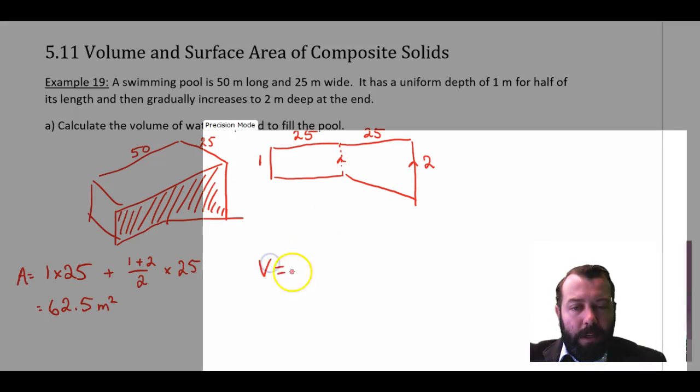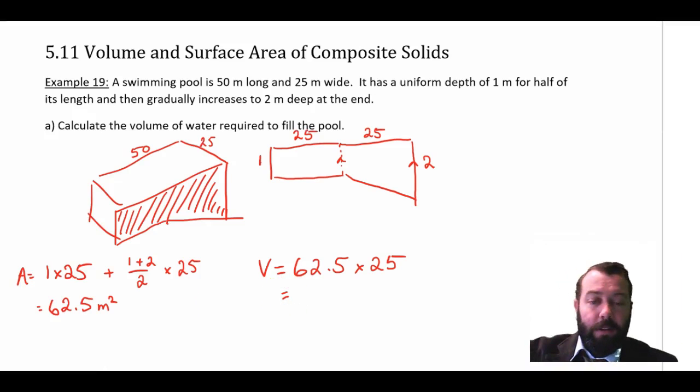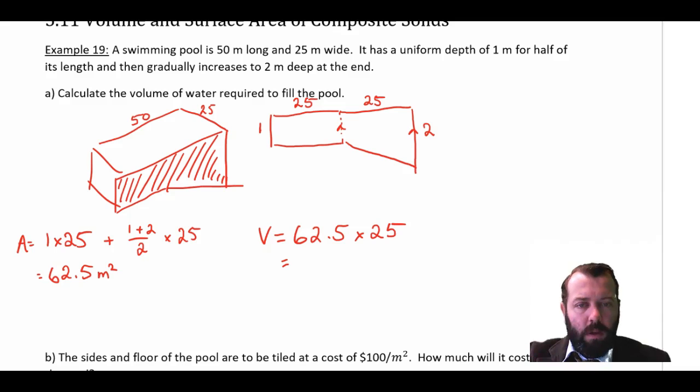So my volume equals 62.5 times my height, that's how far apart the parallel surfaces are, that's times 25 again in this case. And I'll need to pull out the calculator now. Okay, so the volume of my pool in cubic meters, where is my cursor? Here it is.